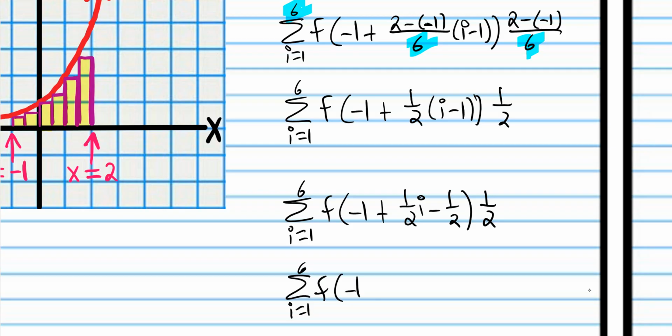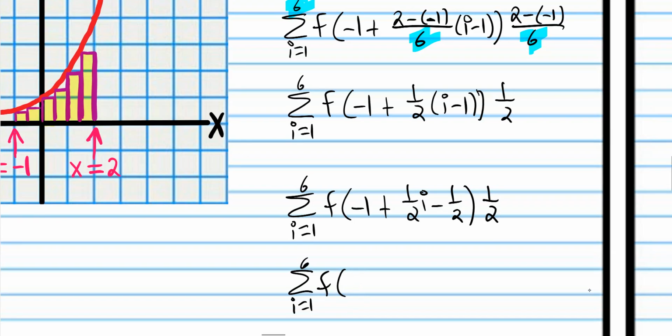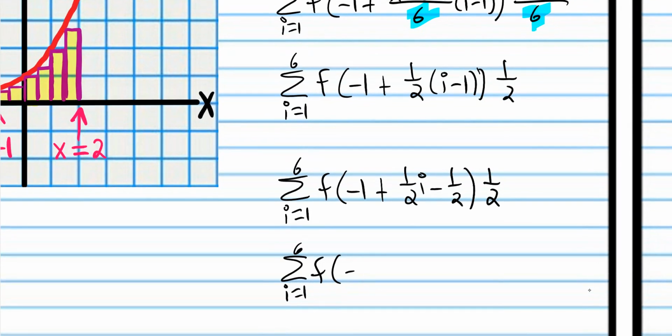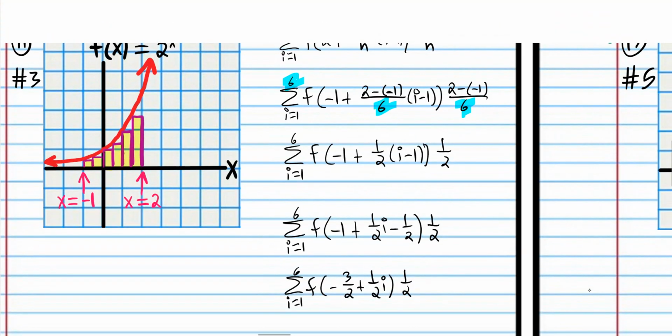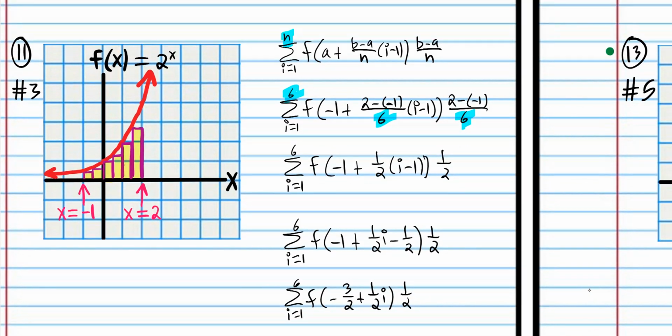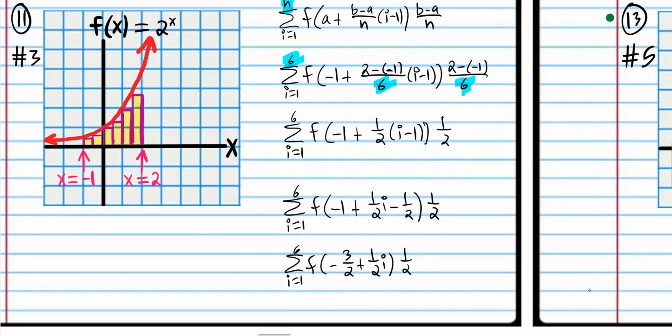And -1/2 plus -1, we can just write that as -3/2. Now again, you can just write 2 to all this if you want right off from the start.